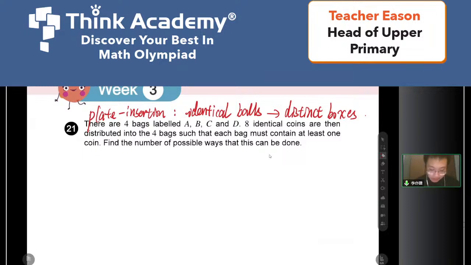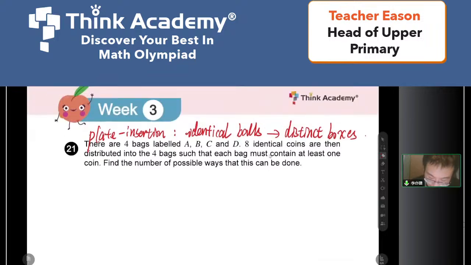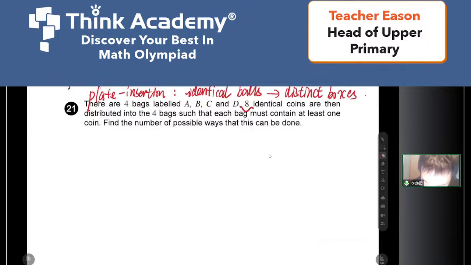So now question 1 is a very typical one. We have 8 identical coins, and we want to distribute them into 4 distinct bags, and we should make each of them at least 1. So how many ways are there to distribute the coins? Plate insertion is a corresponding way.